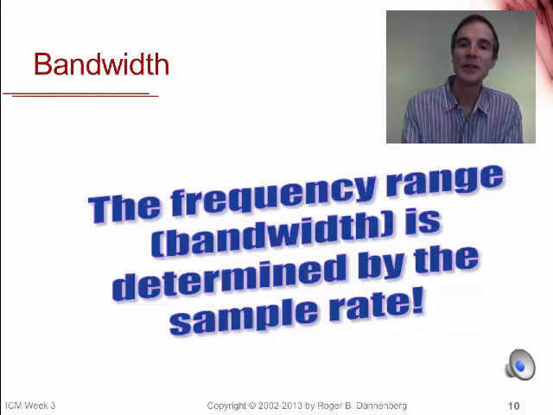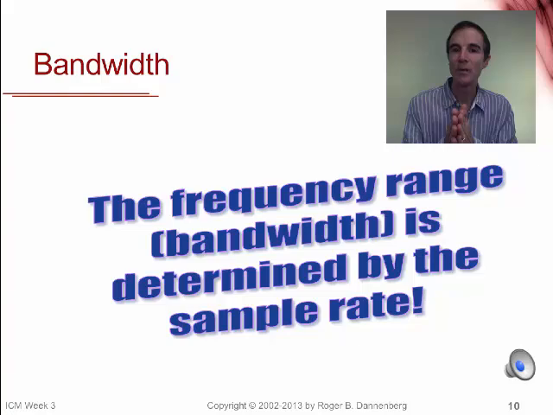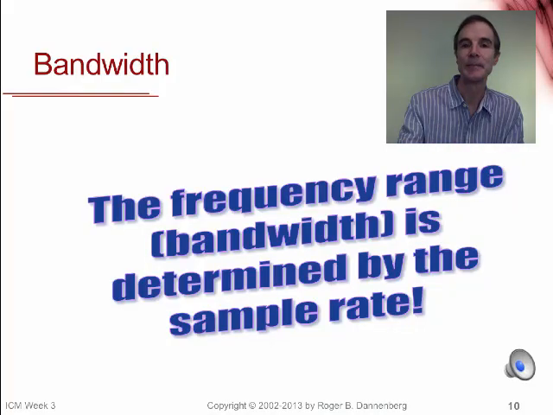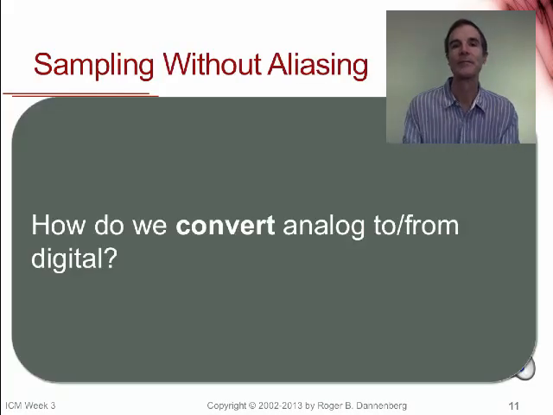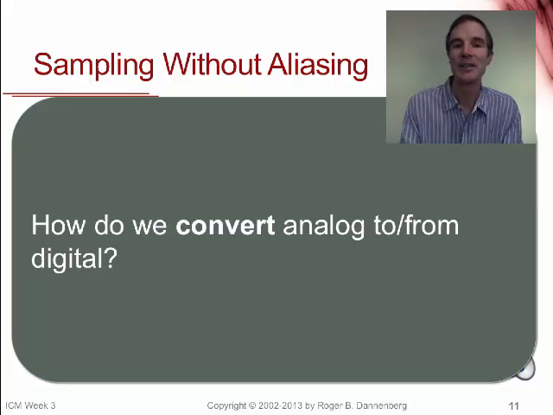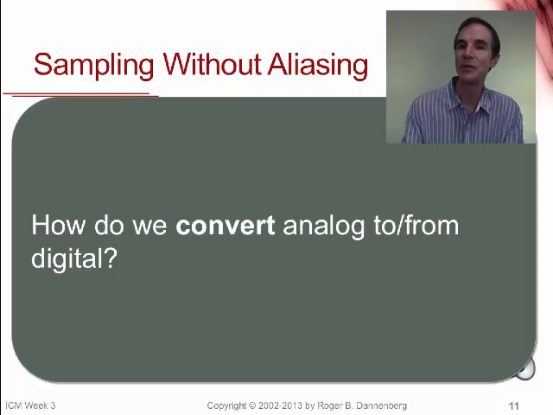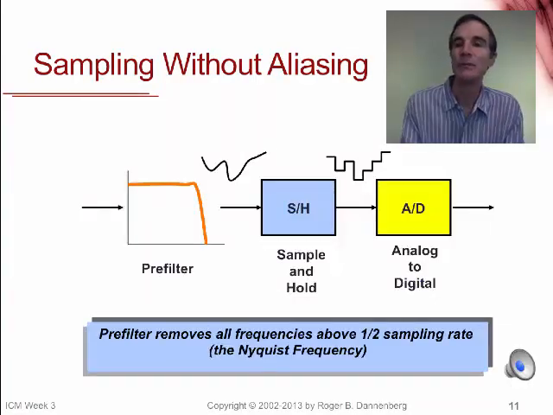The frequency range, or the bandwidth, is determined by the sample rate, because we see that the higher the sample rate, the greater the shift in frequency, and the less likely we are to get aliasing. Oh, here's another answer. We asked earlier, how do we convert analog to and from digital? And I think we're ready to talk about that now.